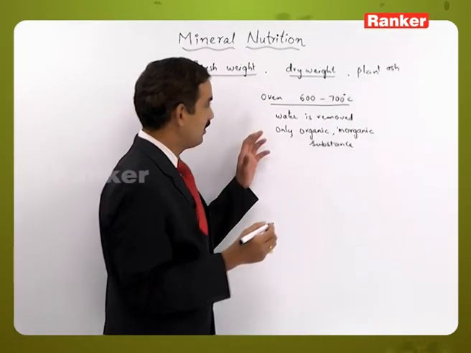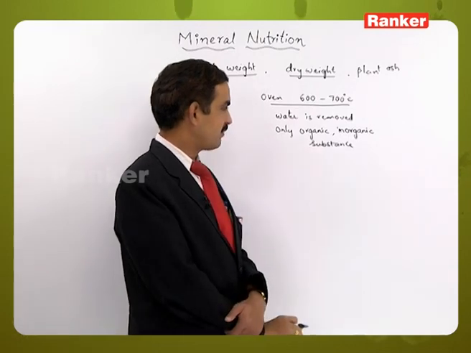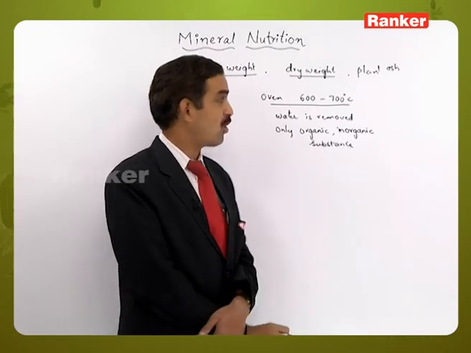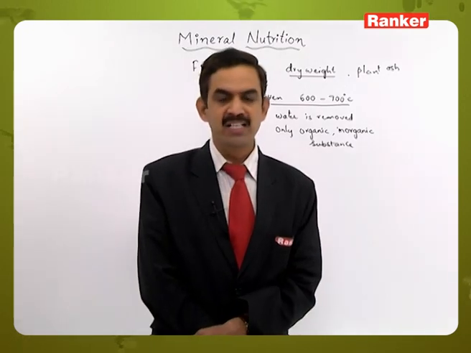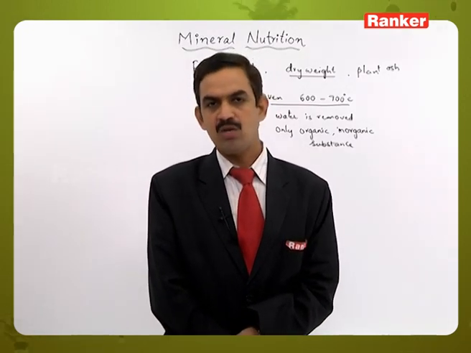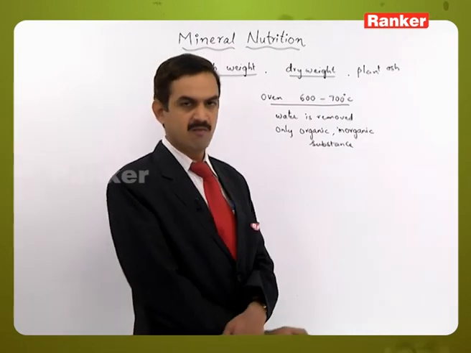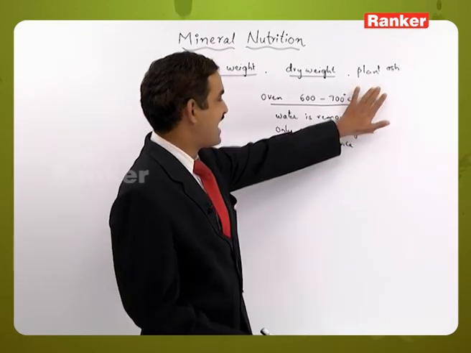The weight of the organic and inorganic substances we get is called the dry weight of the plant. Simply put, excluding the water, the remaining weight of the plant is called the dry weight. And what is plant ash?